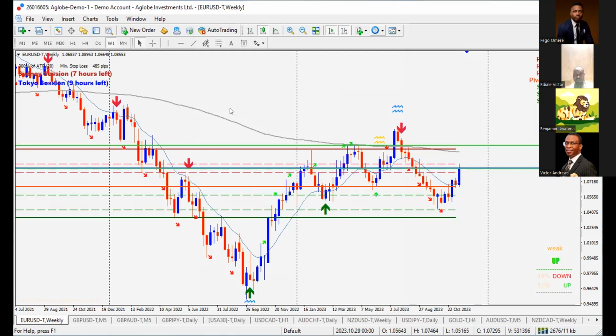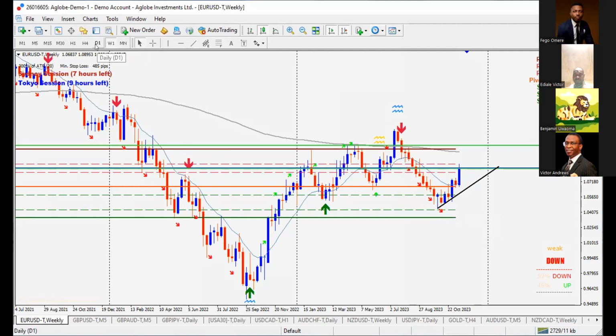Looking at it from weekly time frame. All right, so it's important we establish that. Now we can see that price is tending upward. Okay, call it retracement, call it whatever name you know.